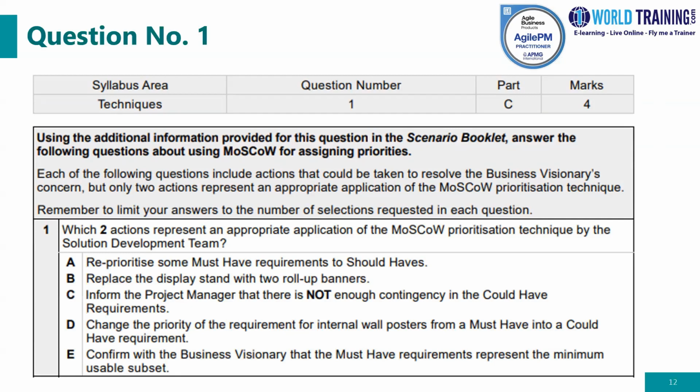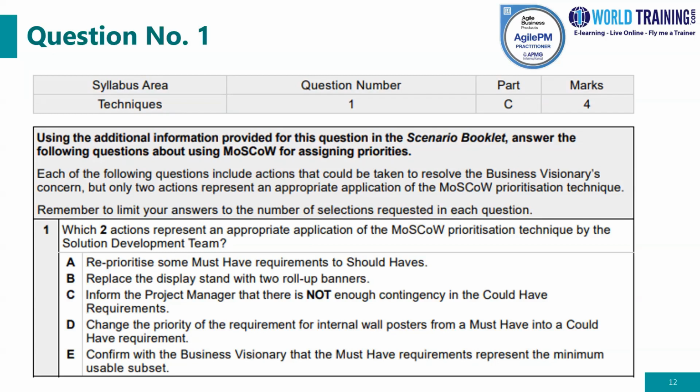Using the additional information provided for this question, the scenario booklet, answer the following questions about using MoSCoW for assigning priorities. Each of the following questions include actions that could be taken to resolve the business visionary's concern, but only 2 actions represent an appropriate application of the MoSCoW prioritization technique. Remember to limit your answers to the number of selections requested in each question.